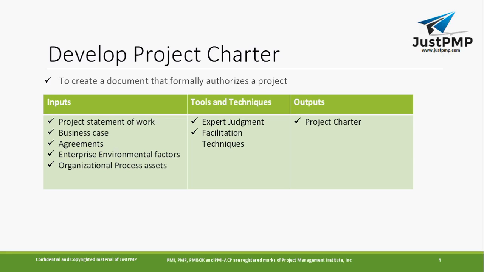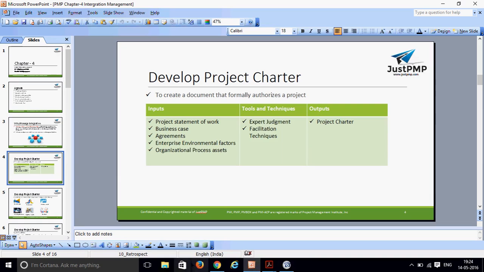So the first document that will be prepared in the project is the project charter, to create a document that formally authorizes a project. We'll see what elements will be there in a project charter. For creating a project charter, you need these inputs, these tools and techniques, and these outputs. For an input, you will have the project statement of work. I'll show you one of these diagrams.